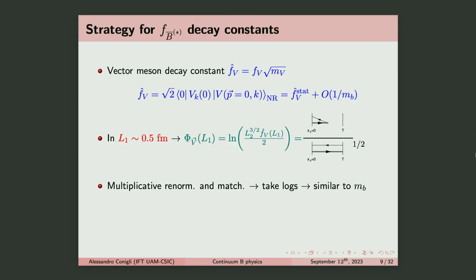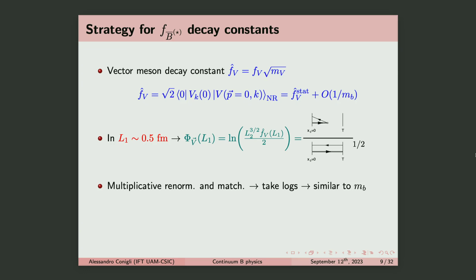Okay, this same strategy can also be extended to the vector decay constant. So if we consider a vector meson decay constant, which is extracted from this matrix element, we have this heavy quark expansion that we see here. And in the finite volume, where again we reach the relativistic b quark, we can extract the matrix element that mediates the transition that we want to study by simply taking the ratio between the bulk-to-boundary over the boundary-to-boundary correlators.